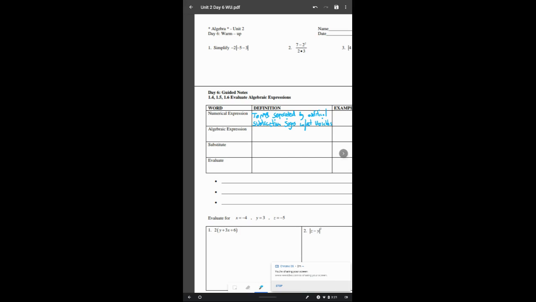Algebraic is the same. These are terms separated by addition or subtraction signs with variables. So those are the letters. So let's do an example of each.